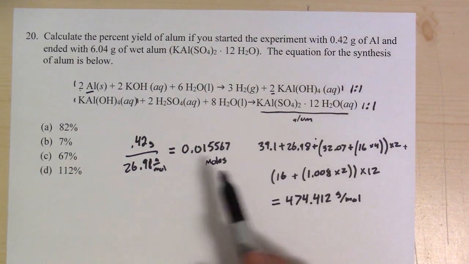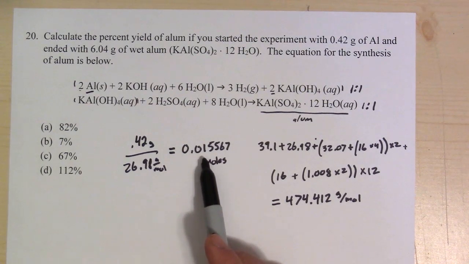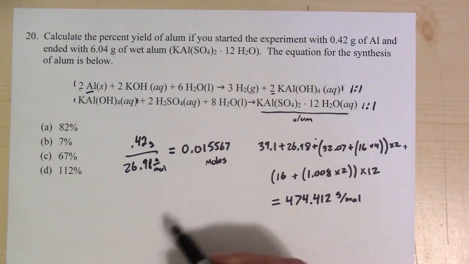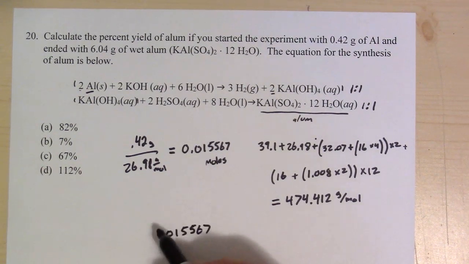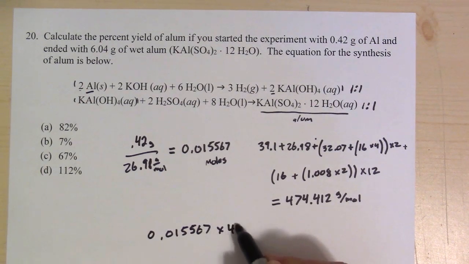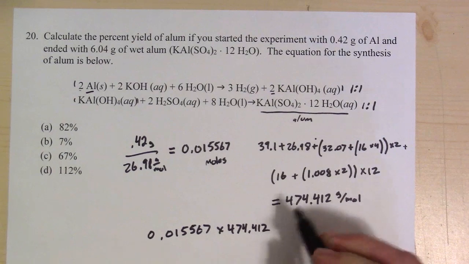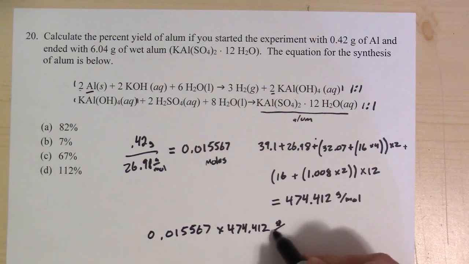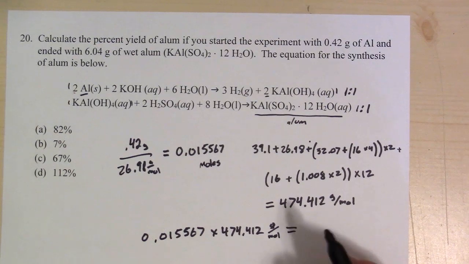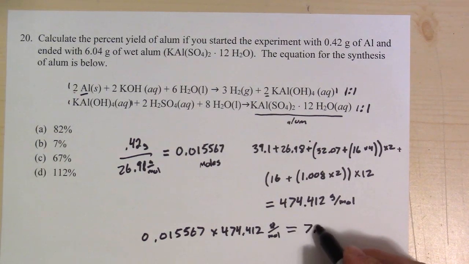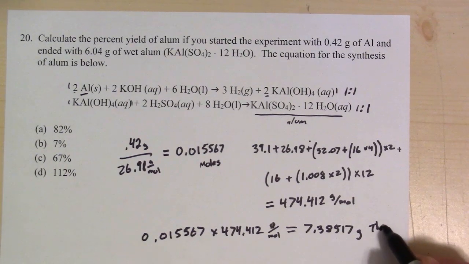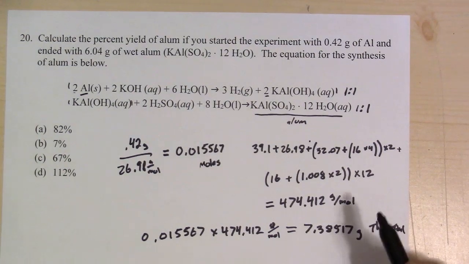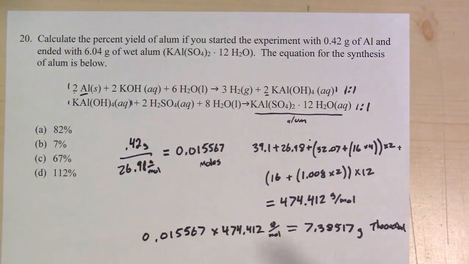So if we multiply the amount of moles, that would give us 100% of our alum. So the moles of the starting material, aluminum, times the molar mass of the product will give us the theoretical yield. So what we would get if we got 100% yield from the reaction, that gives us 7.38517 grams. So that would be theoretical, and we're given that we have 6.04 grams of alum product that we actually got from the reaction.